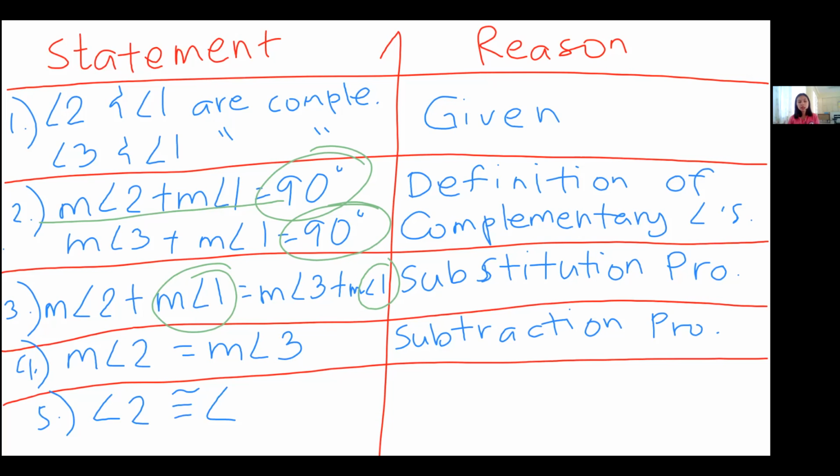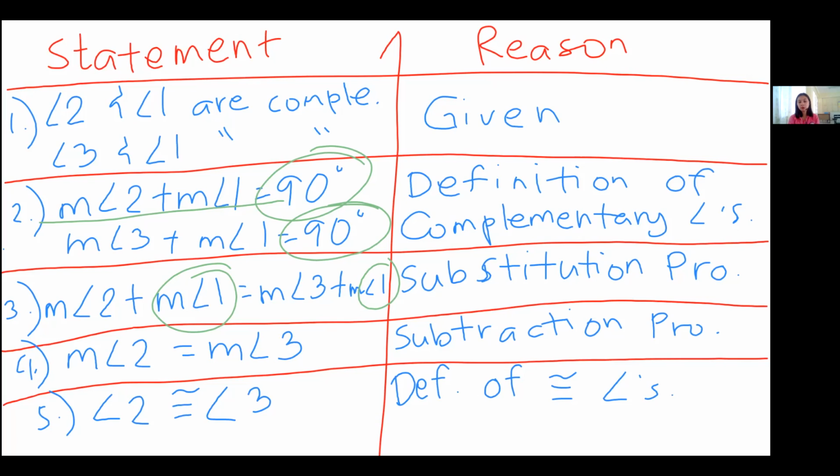Tama po? Kasi ang sabi doon, di ba nga po, when it comes to math, we can say that they are congruent if they are also equal. Okay? Ayun po yun. So, this is by the definition of congruent angles. Definition of congruent angles. Okay, so at this point, na-prove natin na angle 2 and angle 3 are congruent po.